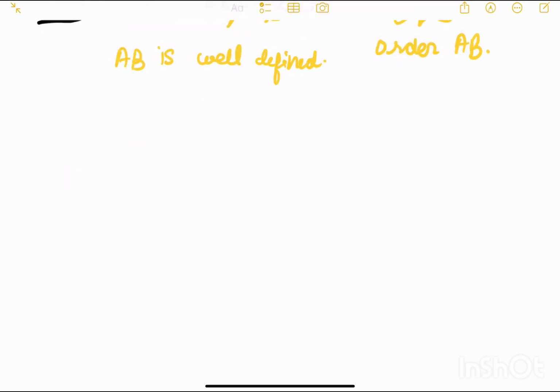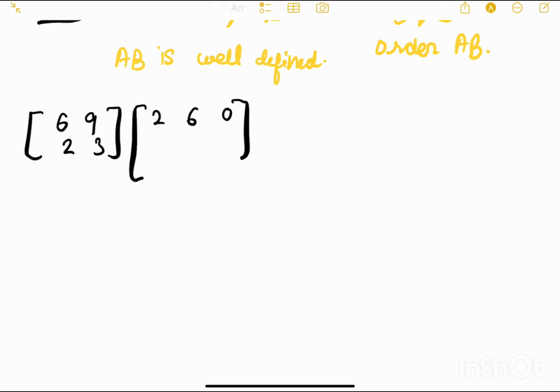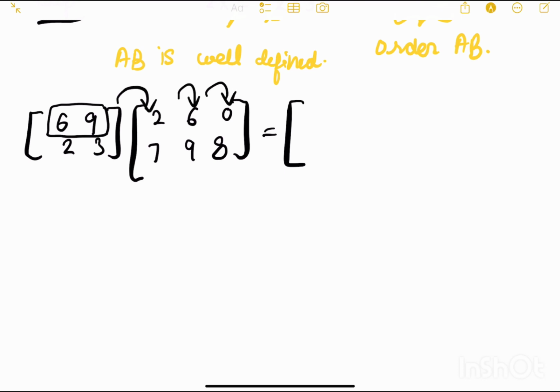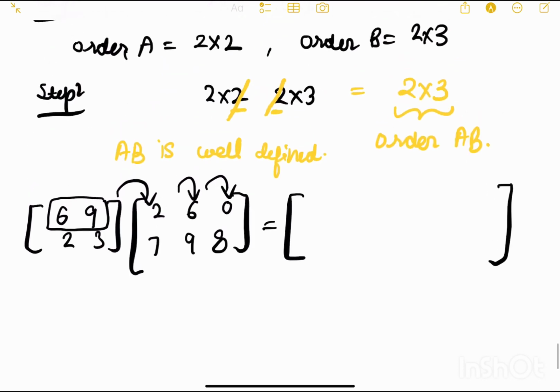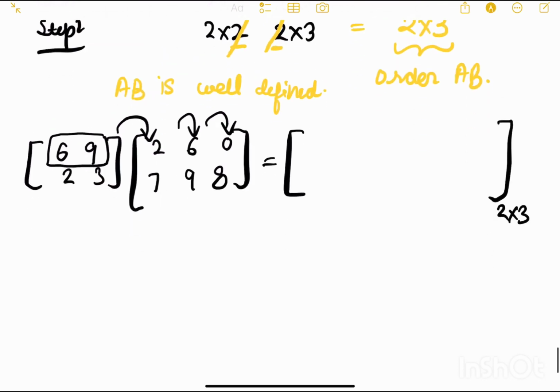So I will just write down the matrices side by side so that I can multiply these two matrices. I will first of all focus on the first row and multiply it with each column of the second matrix. Now since this is a 2 cross 3 matrix, it means it has 2 rows and 3 columns.